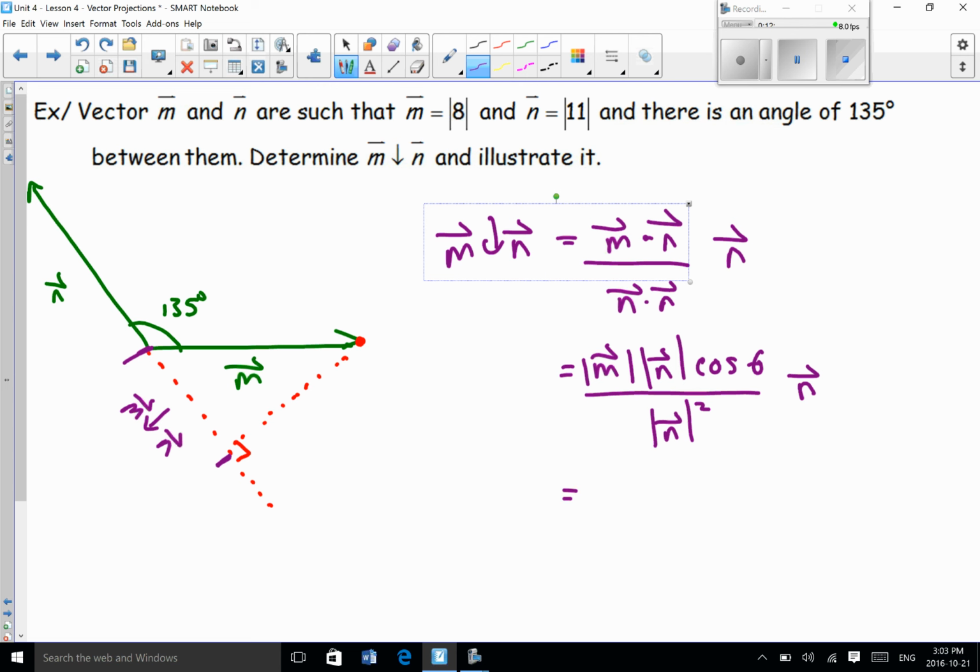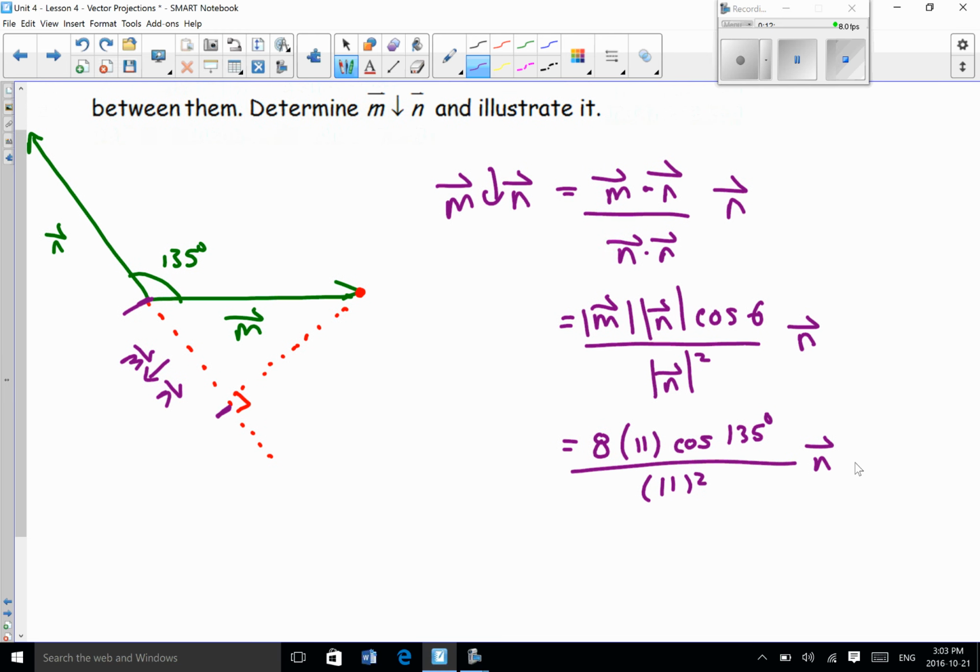Now, what do we know? We know m is 8. We know n is 11. We know the angle between them, well, it was 135. Okay, so we can put that angle on there. And we know the size of n was 11, and we're going to square that, all in the direction of n.